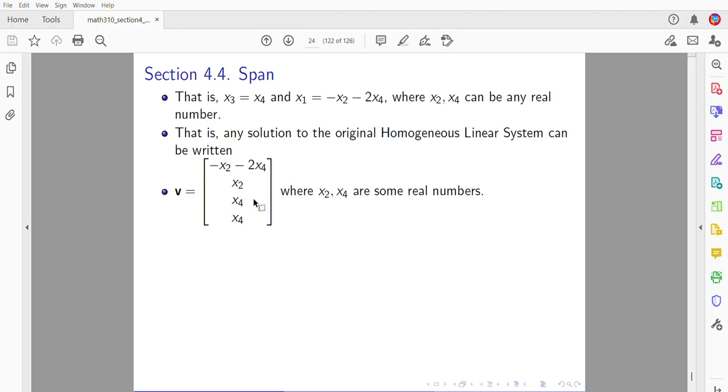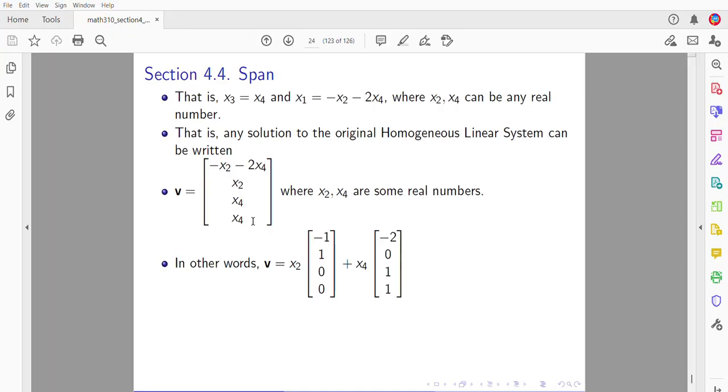So any solution to the given original homogeneous system: x4 can be any real number, x2 can be any real number, x3 equals x4, and x1 equals negative 2x2 minus 2x4. So look at this. We can separate it out. I'll keep the x2 part aside and the x4 part aside.